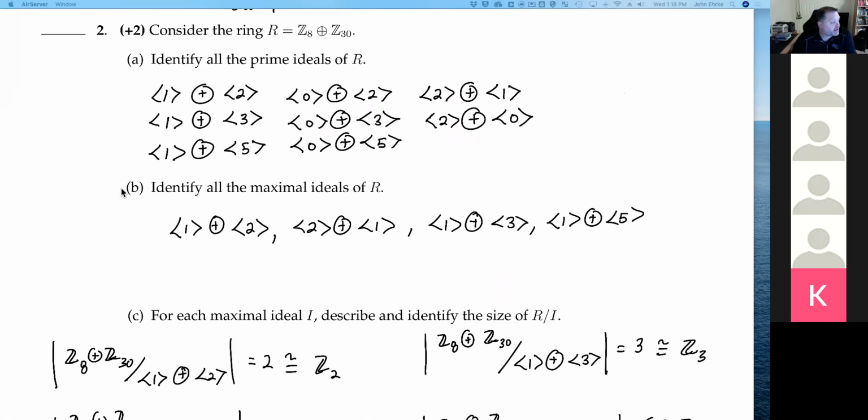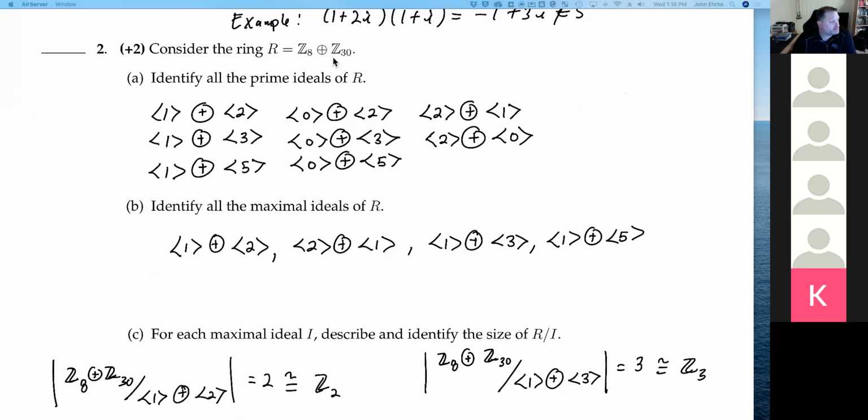All right, we're looking at all of the prime ideals for this direct product of Z8 and Z30. We just got through in the lecture talking about what the prime ideals and maximal ideals of Z mod N are. So we know that the prime ideals are the 0 ideal together with any of the prime factors of 8.